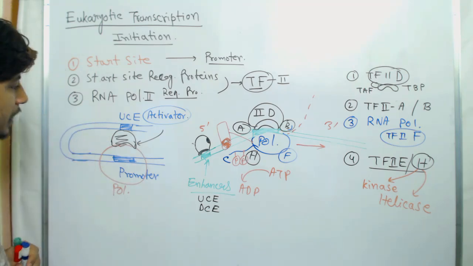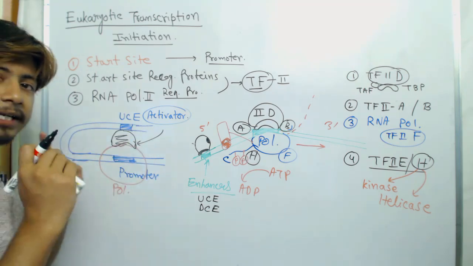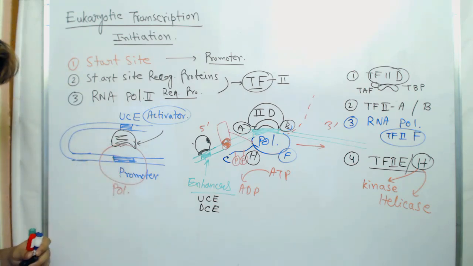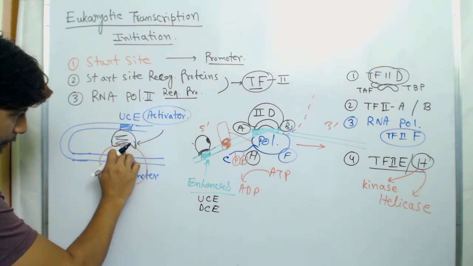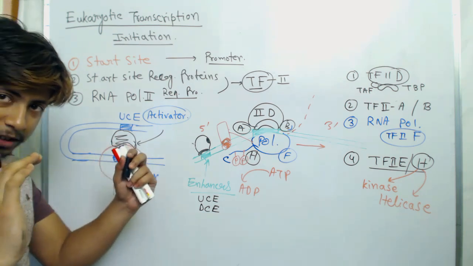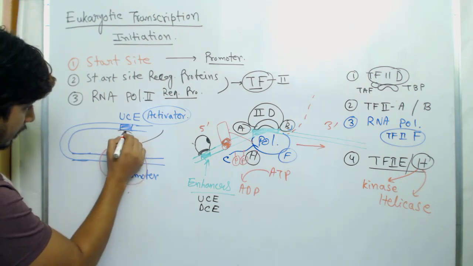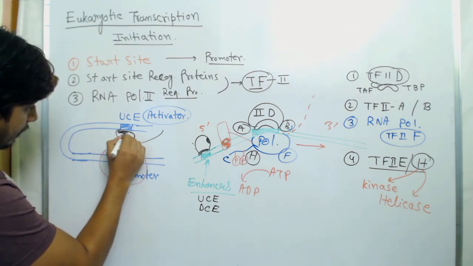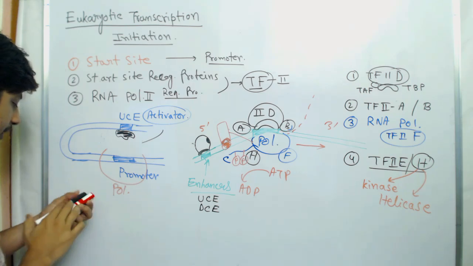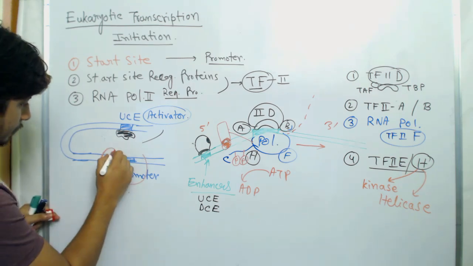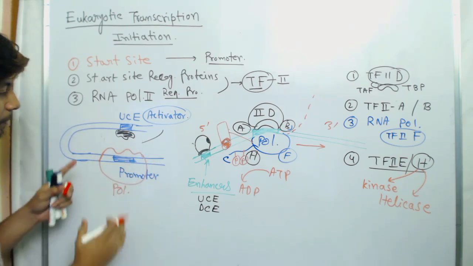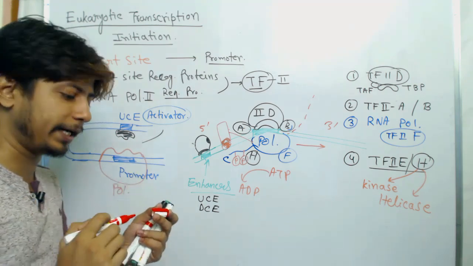Now sometimes the activator molecule cannot directly bind with the polymerase. So in those cases, the activator molecule and polymerase are attached with each other with the help of a third molecule. So let me draw here. Let's say this is the activator molecule, and this is the polymerase, but they cannot interact with each other directly.